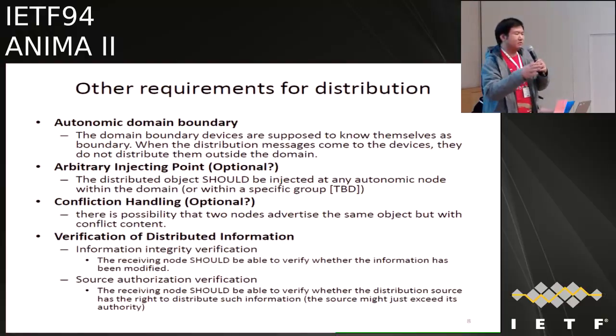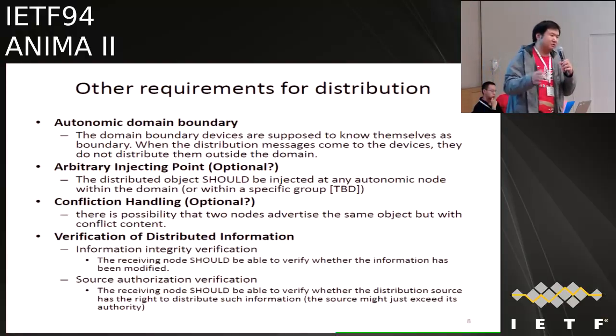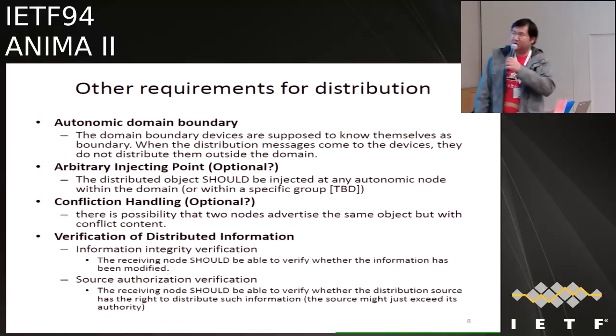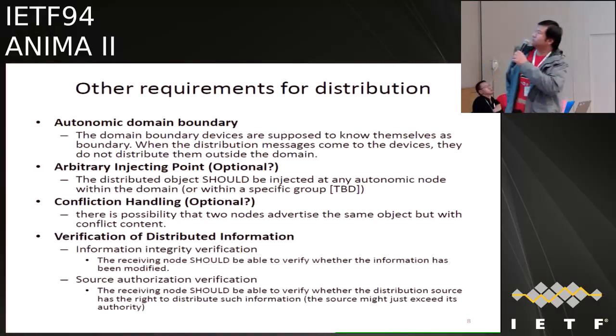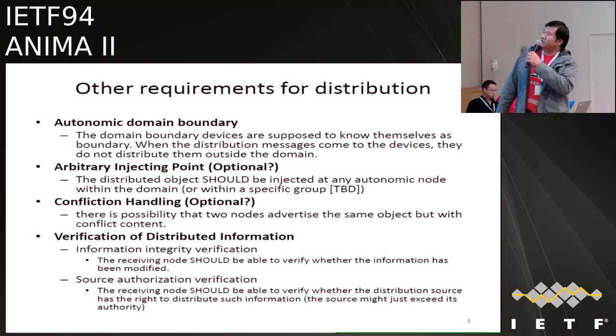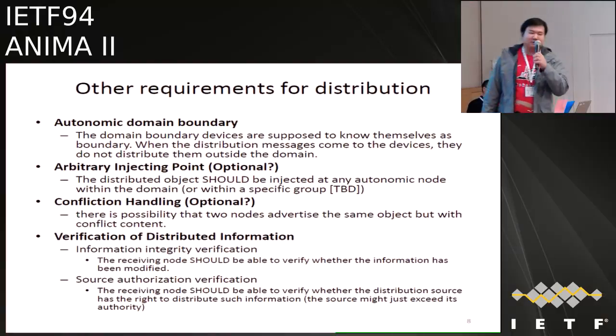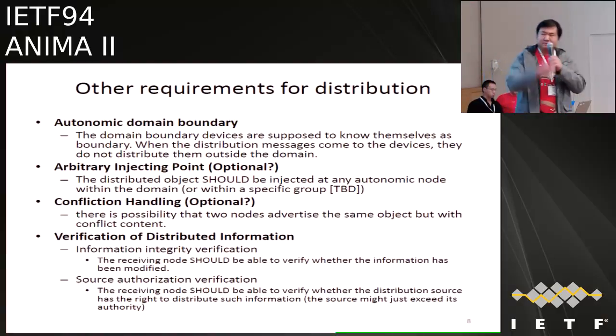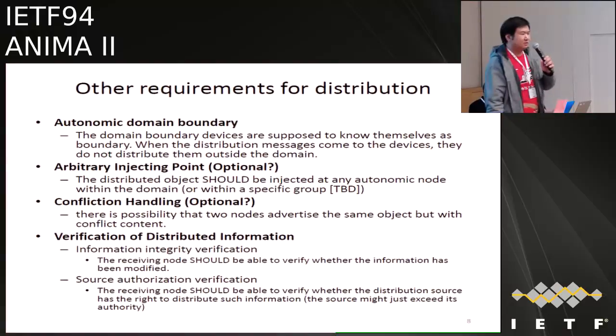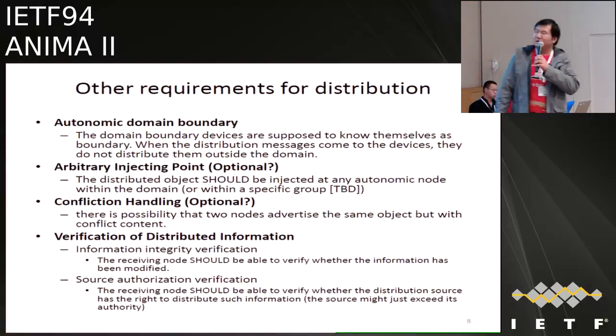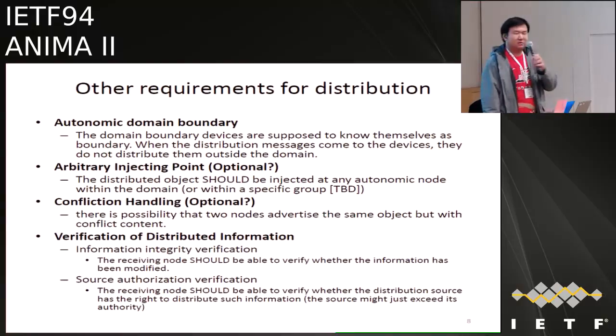If it is the boundary of the autonomic domain, then it should stop the distribution. And ideally, the distributed information could be injected at an arbitrary autonomic node. This is actually an authorization problem.